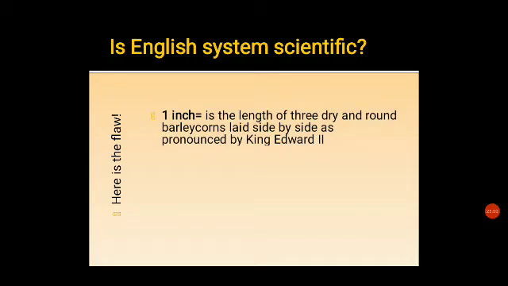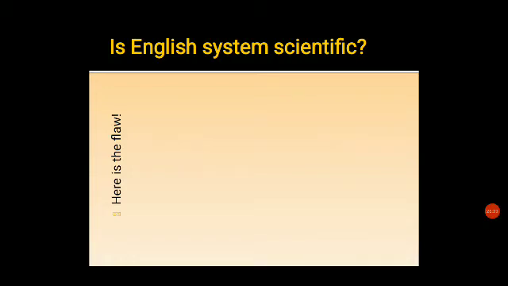Next is the inch. So you have the barley corns, 3 of them put side by side. Now, that corn is no longer existing, so it may be higher or maybe lower.